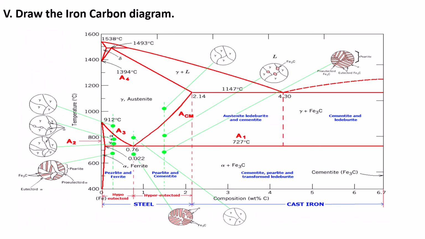So this is the iron carbon diagram. We must know the different temperatures, different compositions, and different phases, and what transformation occurs, particularly in the austenite at lower temperature regions.